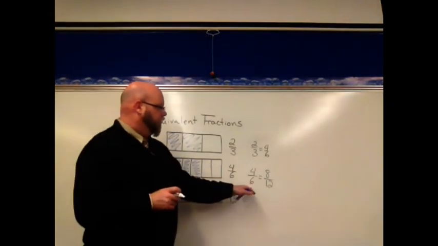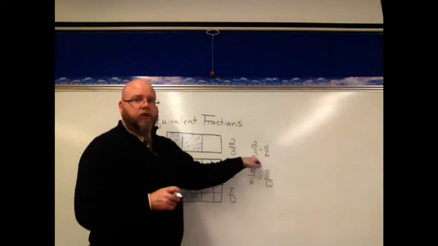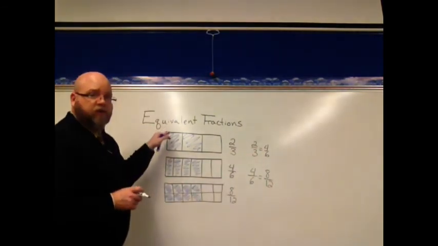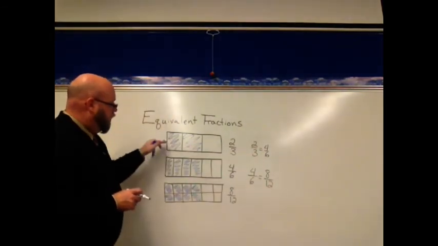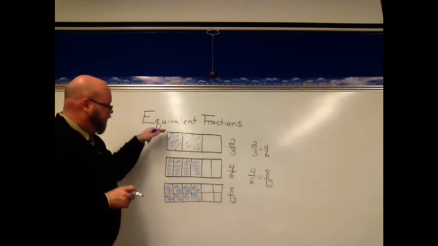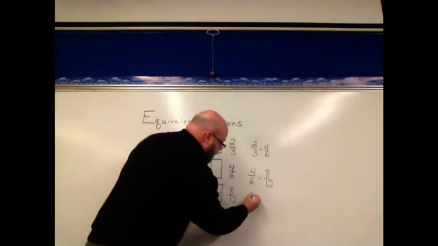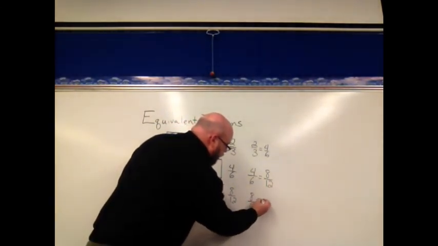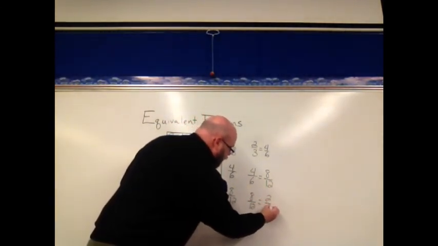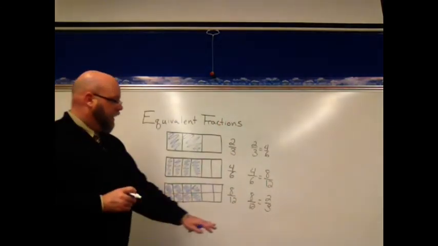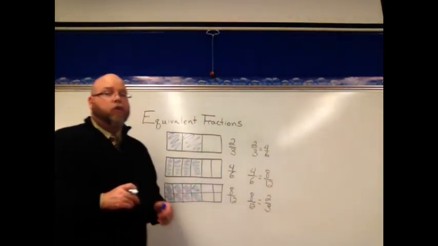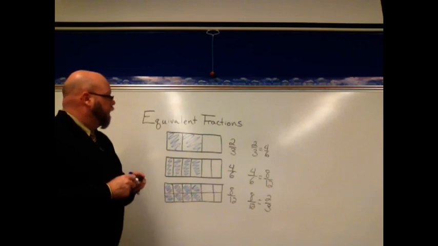But because 4/6 is equivalent to 2/3, and I look at my picture to confirm this, yeah, 2/3 of a fraction is showing as much blue as 8/12, and I can also say that 8/12 is equal to 2/3, and 8/12 and 2/3 are equivalent fractions.